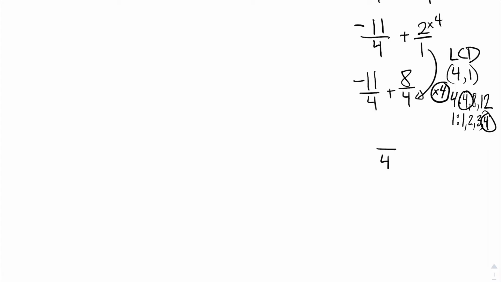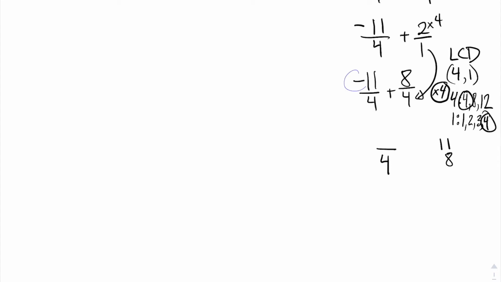Rewrite what I've got. It's going to be over 4, and since I am adding fractions, I need to put the larger number on top, or digit anyways, and the smaller digit on bottom.